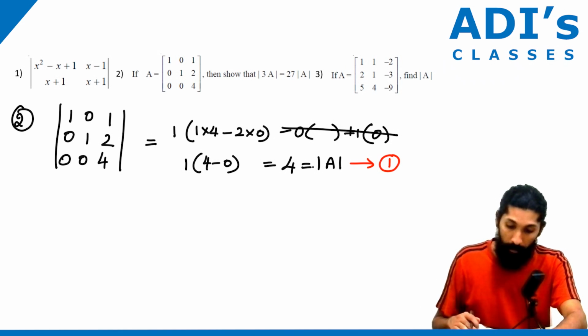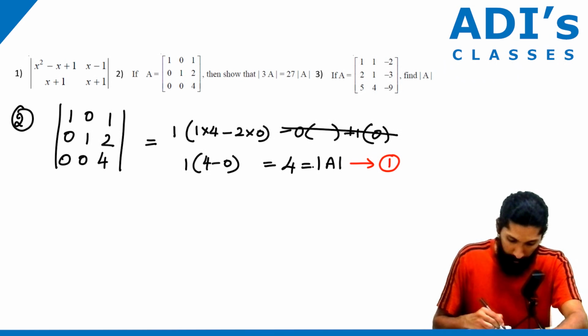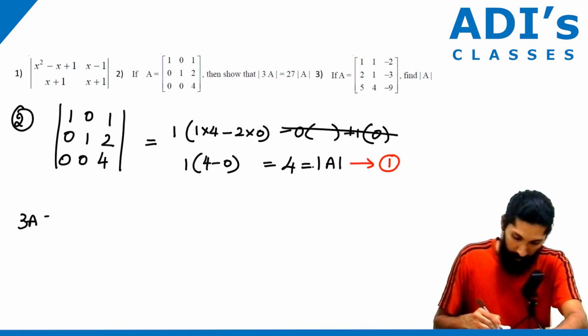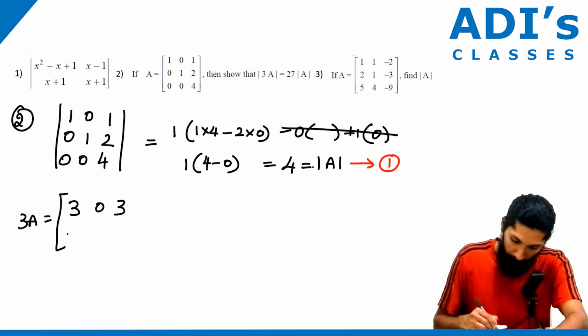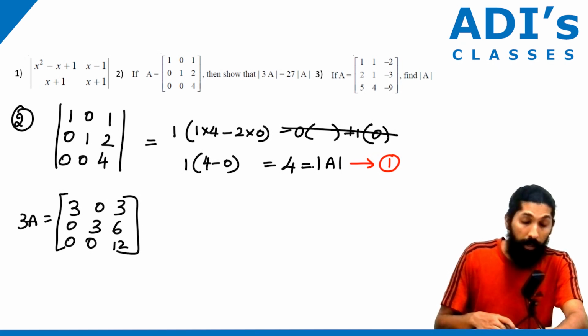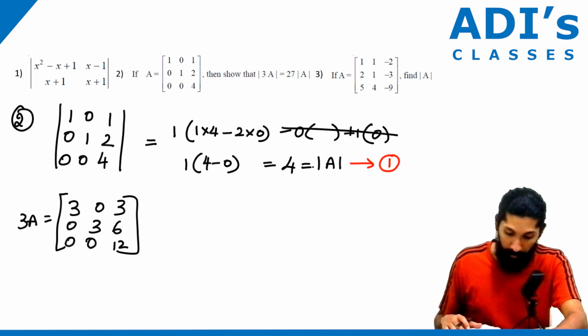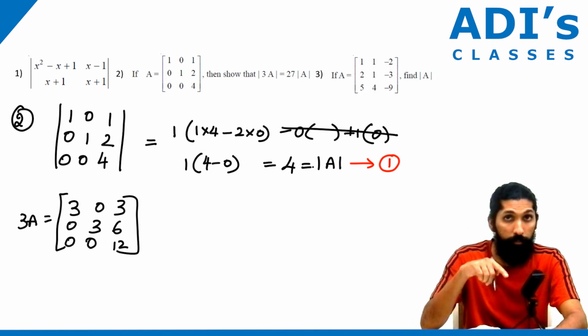Keep this. Now 3 times A. Now what do you do? Let's calculate 3A. See, 3A is going to become 3, 0, 3, 0, 3, 6, 0, 0, 12. Again, you can do the same expansion of the determinant, now of determinant of 3A.